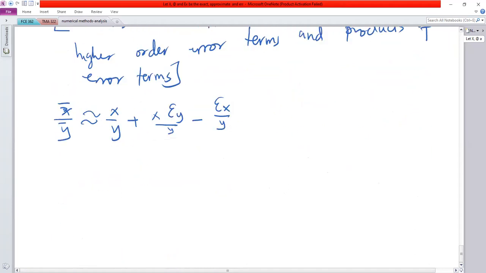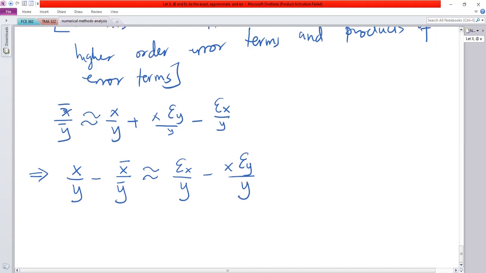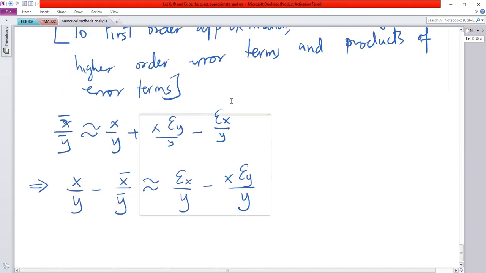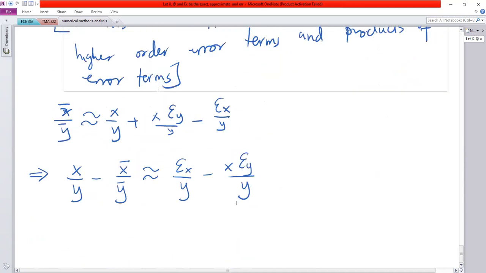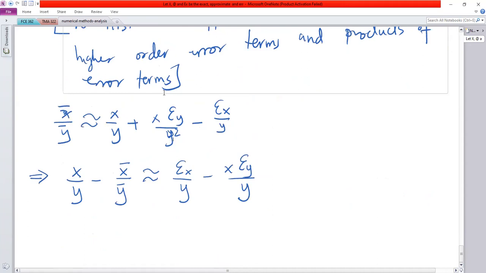Now, which means x over y minus x-bar over y-bar is approximately equal to error in x over y minus x error in y over y squared. Remember this was y squared, so this is squared. This is y squared. From here, this term is x error in y over y squared.